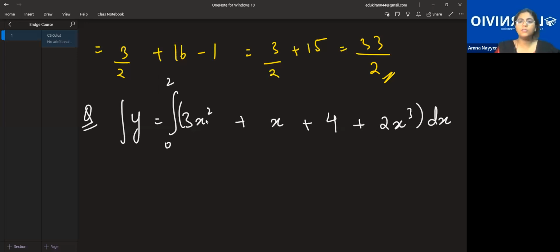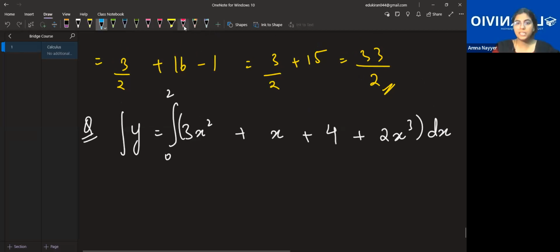So what you have to do, firstly, dx is present for all of it. Multiply each term with dx. That would be the first step in such huge questions. So what do we have now?